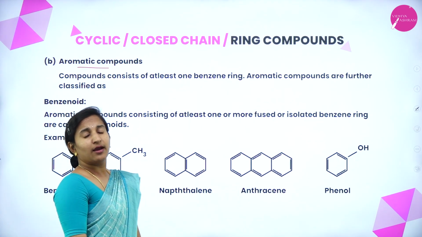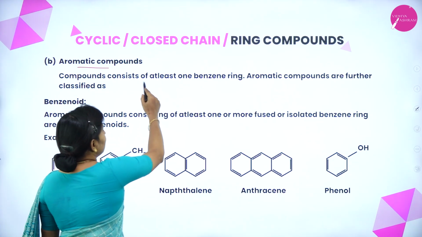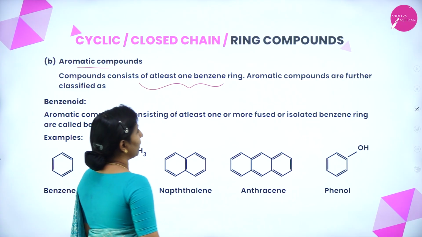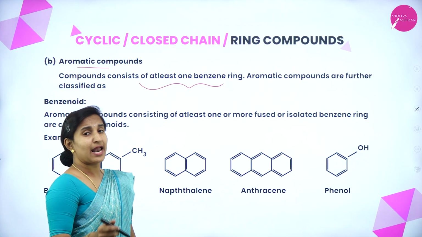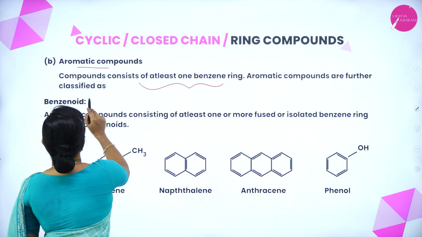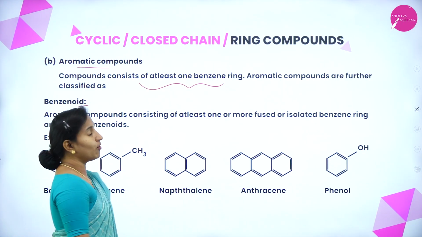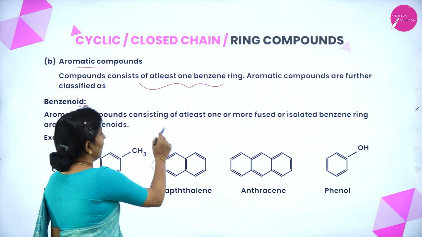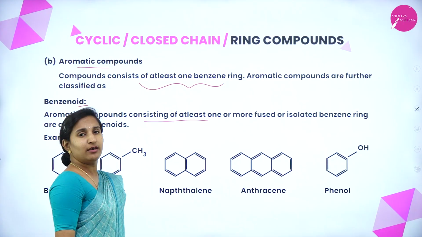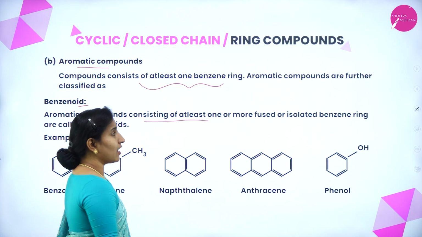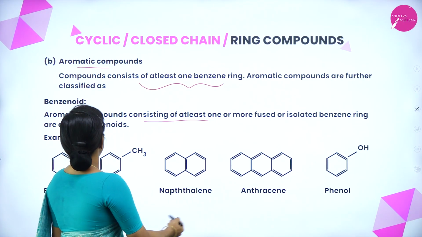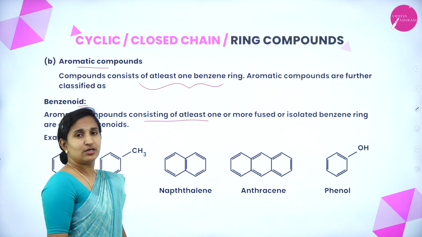Aromatic compounds contain at least one benzene ring. They are classified into two types, the first being benzenoid compounds. Aromatic compounds consisting of at least one or more benzene rings, or fused or isolated benzene rings, are called benzenoids.